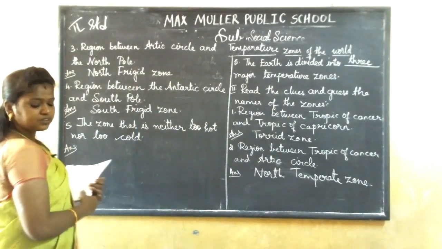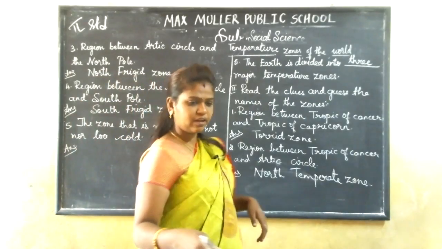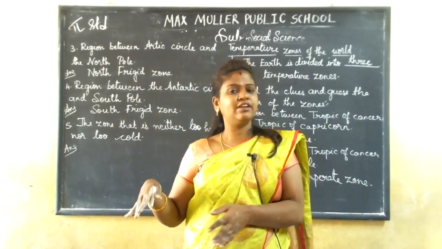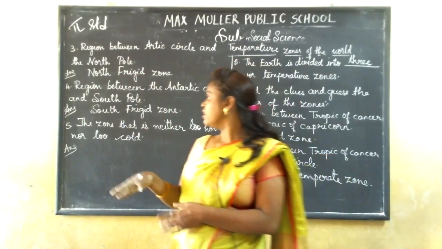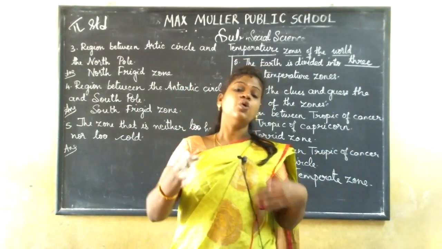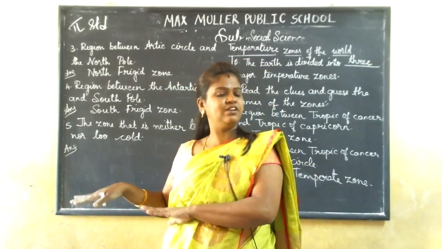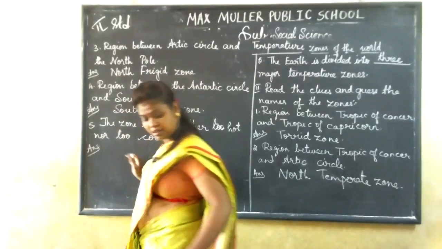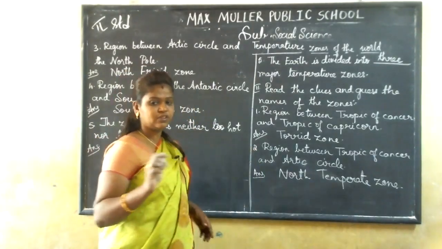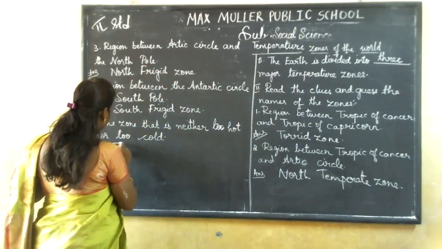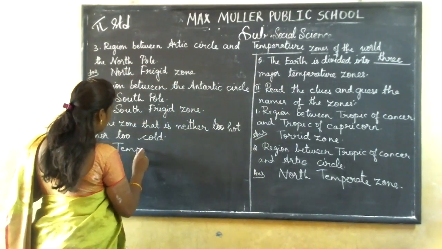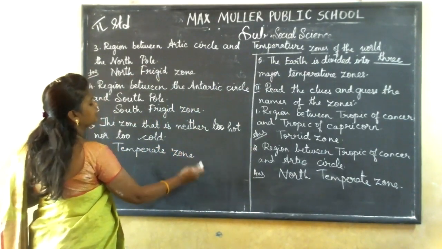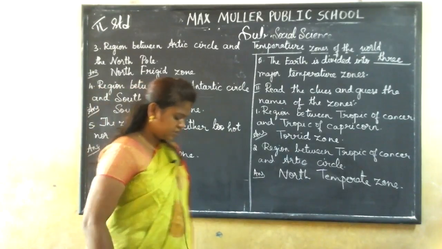So which zone is having, it won't be very hot or it won't be very cold. That is the question which they have asked the children. The zone that is neither very hot nor cold. So which zone is that, children? Yes, the zone is the temperate zone. So it is called the temperate zone.